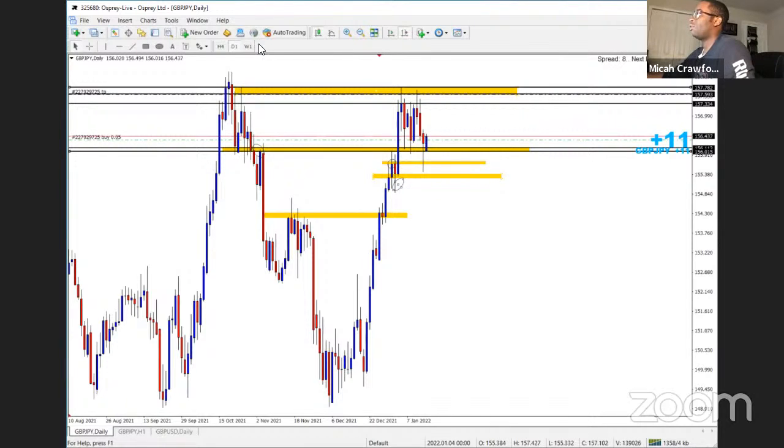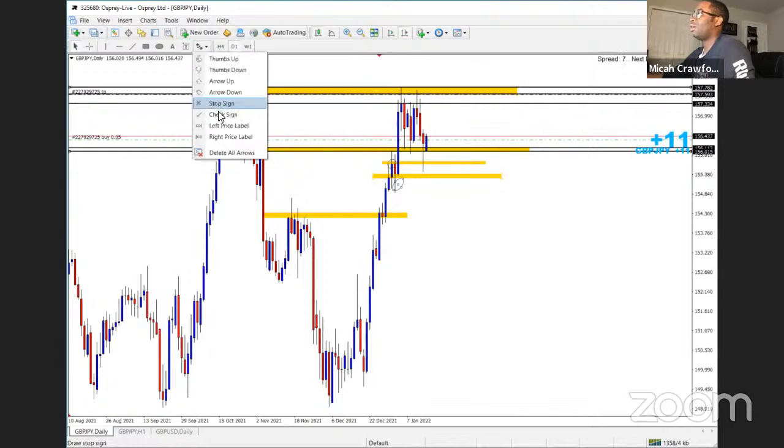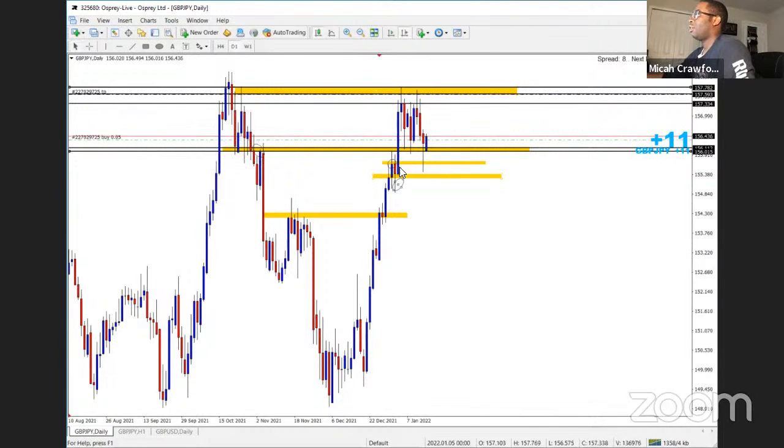What kind of candle is this, Miss Nikki? Where the red check box is. What kind of candle is that?